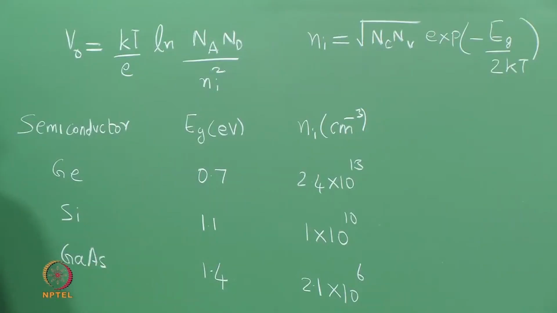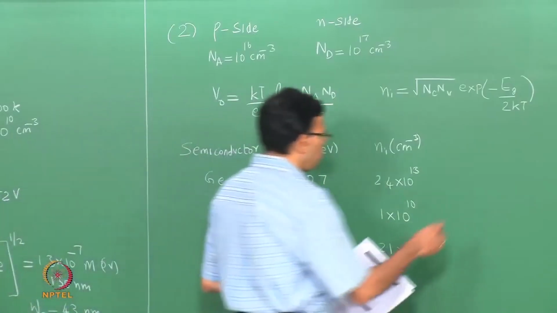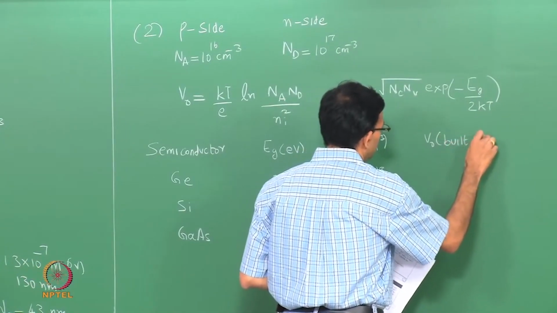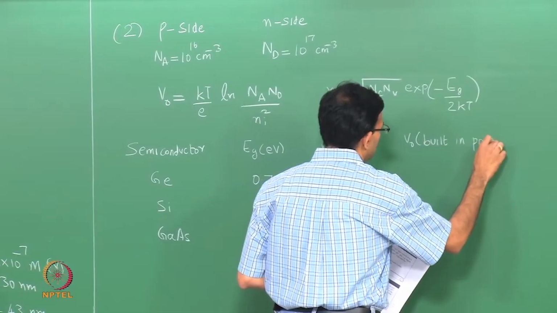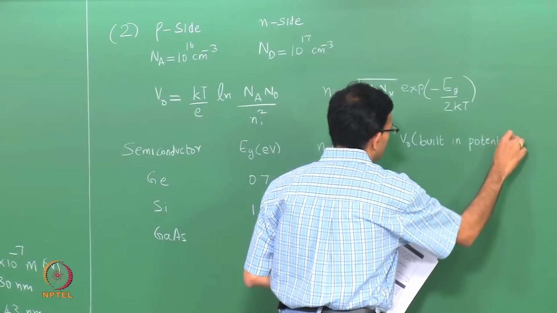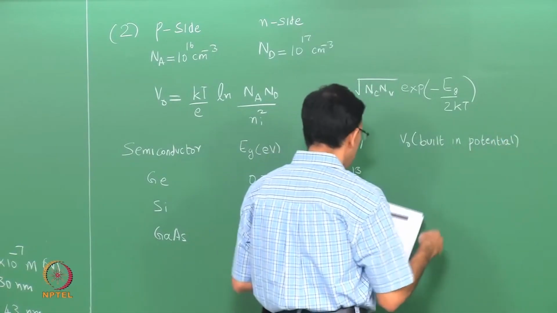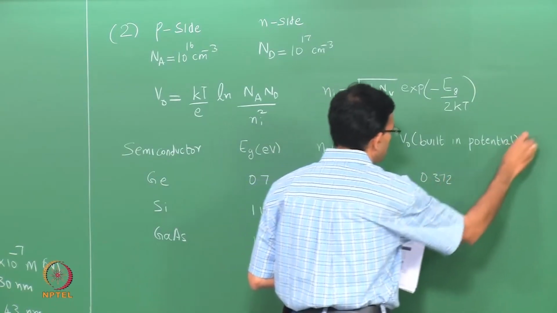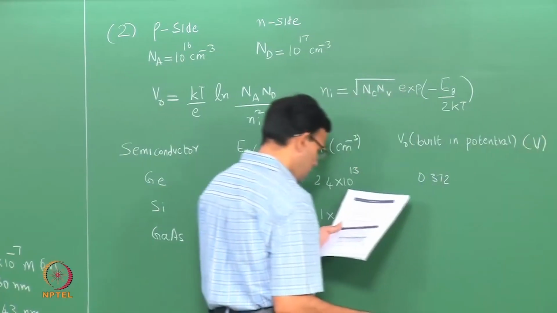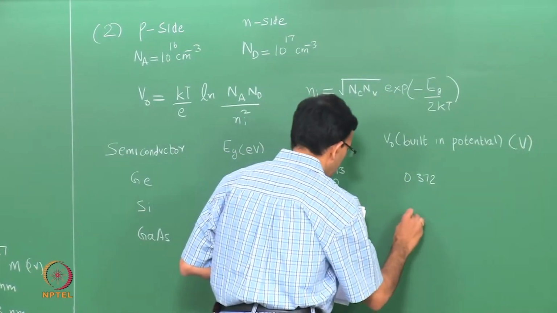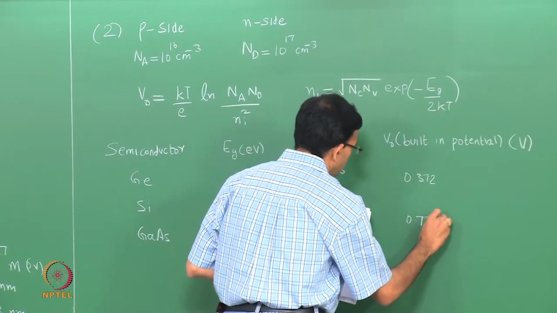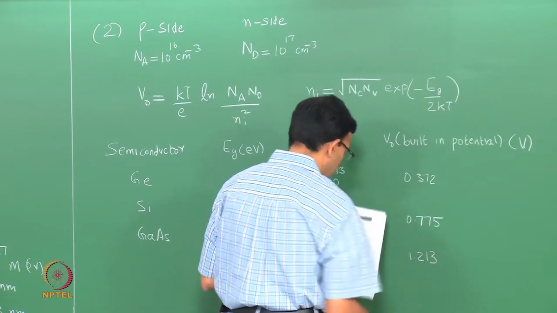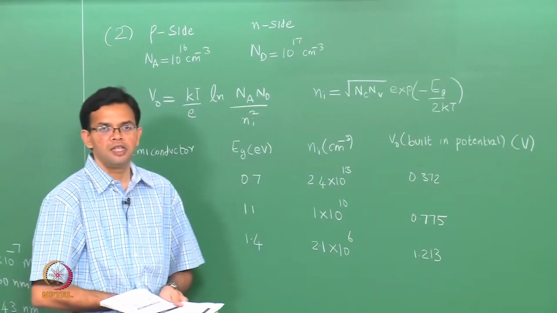I will just write down the final answer. So, V naught, which is your built in potential, is nothing but 0.372, the units is volts, for germanium. It is higher for silicon, 0.775, and it is even higher for gallium arsenide, 1.213.